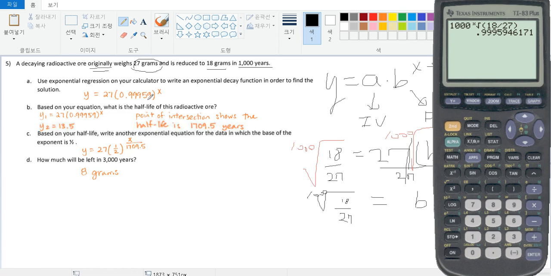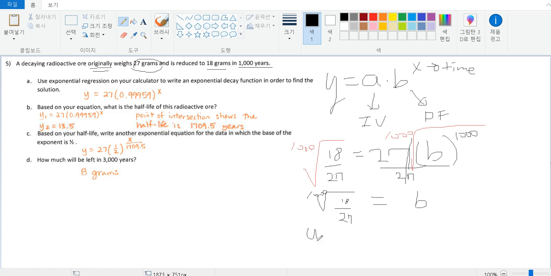This guy cut it at 5 decimal places, so let's use the same number. So y is equal to our initial value 27 times our b value 0.99959 to the x power. That will be our exponential decay function.